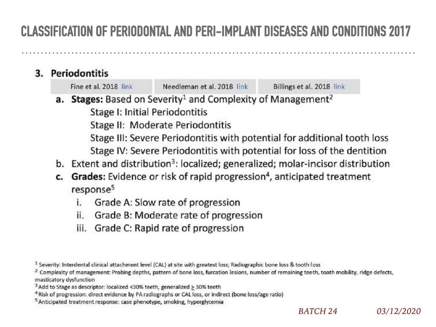The new classification eradicated all those confusions and made it very simple and clear based on the treatment. So based on this staging, the treatment can be performed. The staging and grading is going to help you in planning the treatment, whether it is initial, moderate or severe periodontitis, whether it is slow progression, moderate progression or rapid progression. Based on that, the treatment plan varies.